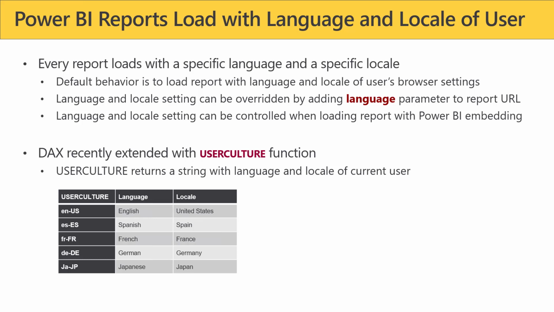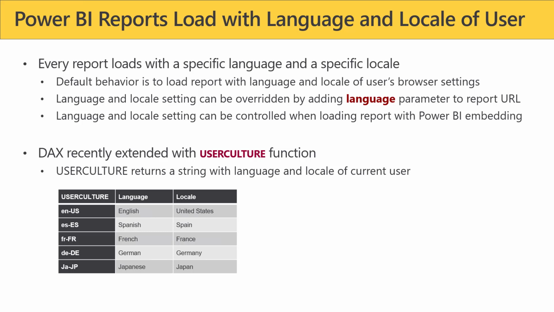Now, we talked about the user culture function. Let's look at a couple example return values that user culture might give us. So what you can see here is that you have return values such as en-us and es-es. And so the first two characters are the lowercase language identifier.